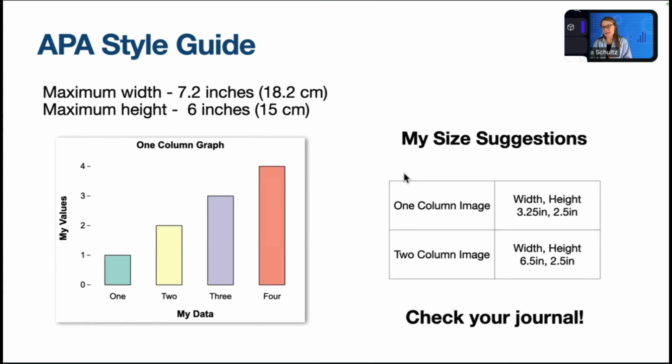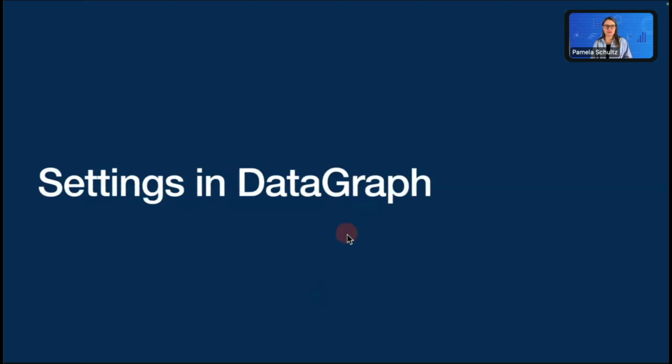What I suggest, if you're using a journal that's going to have a two-column format, is that one column would work at about 3.25 inches by 2.5, and the width of a two-column image 6.5 inches by 2.5, for example. So these are just suggestions from me that I've been using, but you would check your particular journal in terms of figuring out what size of graph you want to use.